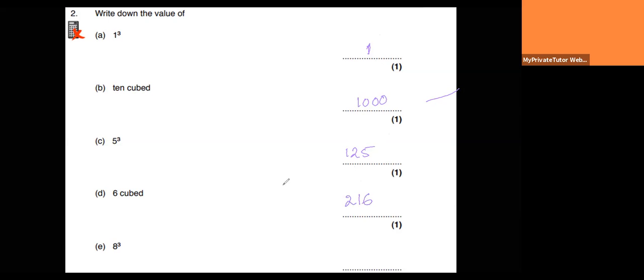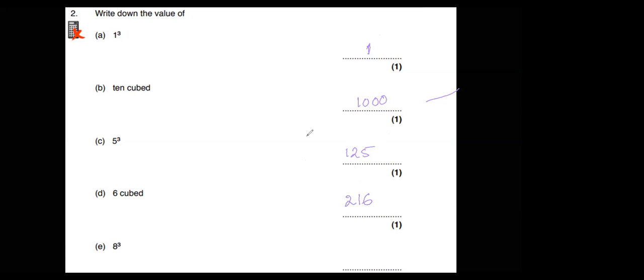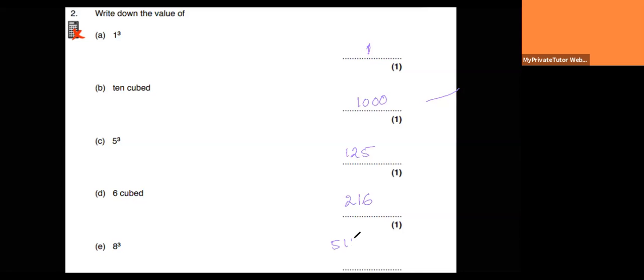What about 8 cube? 512, excellent. So it's straightforward, isn't it? We are just multiplying the base number thrice.